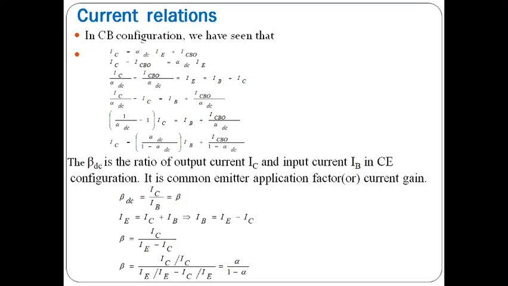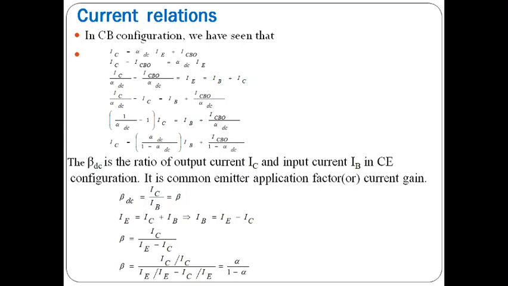Relationship in the common emitter. We already know that in common base configuration, IC equals alpha DC IE plus ICBO, where alpha DC is the current amplification factor in common base configuration. From this we can write IC minus ICBO equals alpha DC into IE. So IE equals IC by alpha DC minus ICBO by alpha DC, and we already know the emitter current IE equals IB plus IC.